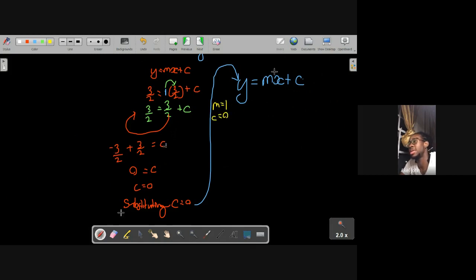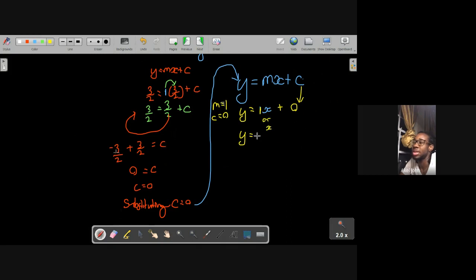So the gradient and c. So y is equal to what's the gradient? The gradient is 1. You're leaving x as is, plus c is 0. Leaving y is equal to, well, 1 is simply the coefficient of x, which is the same as saying x.